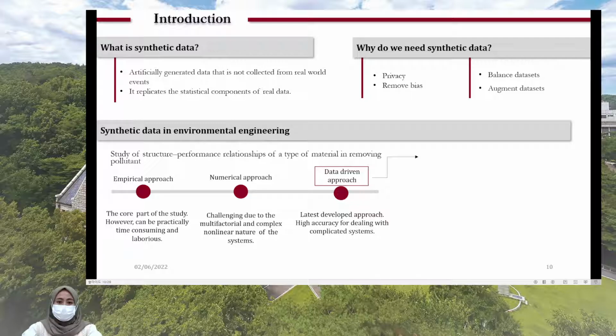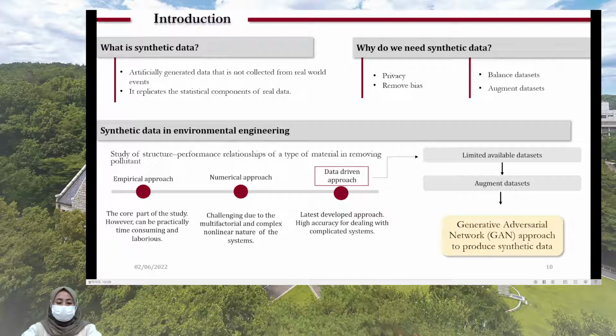In other words, this is a kind of data-driven approach. In this data-driven approach, sometimes data augmentation needs to be performed in case of scarcity of the available experiment data. GAN, as a versatile new architecture for data generation, can be a promising approach for this condition.